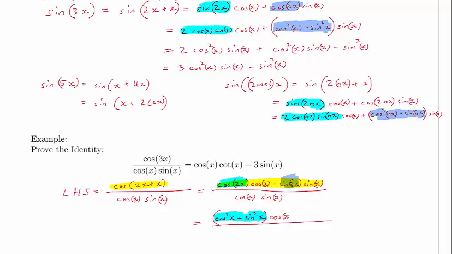Cosine x there, and then minus, and we're going to go ahead and put our double angle for sine right there. 2 cosine x sine x, and of course that is also multiplied by our sine x that was just hanging out there.